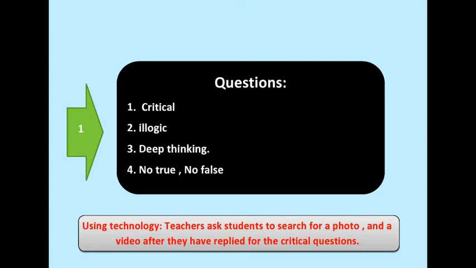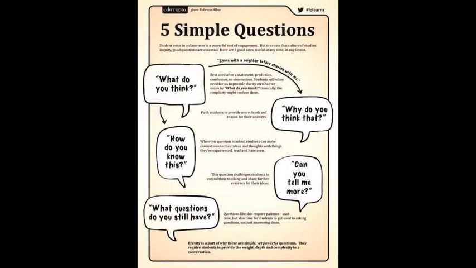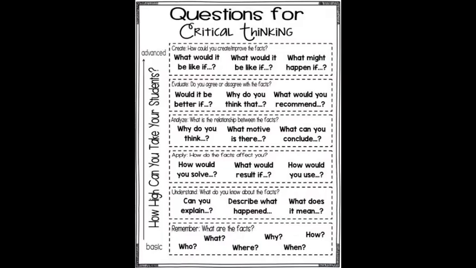Deep thinking should be collected in this skill and question. Don't say true or false, and ask students at the end to search for a photo and a video about the critical thinking question after they have replied. This is a great, effective strategy. Let's see an example.